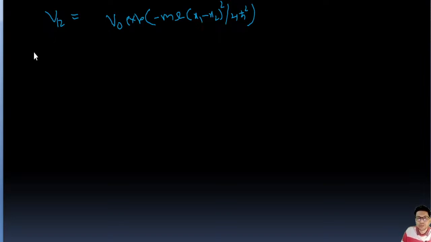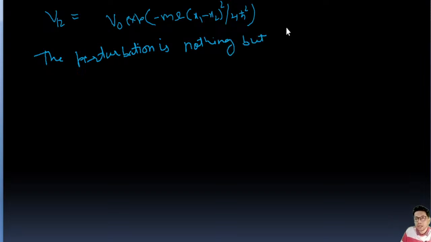So we'll use a trick here. The trick says, we know the perturbation: V12 is the perturbation, guys. The perturbation is nothing but an approximation used in Taylor series.